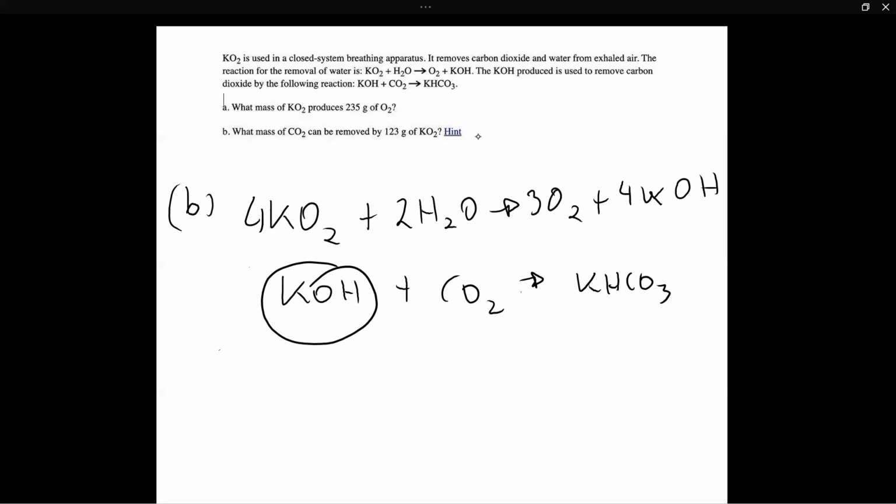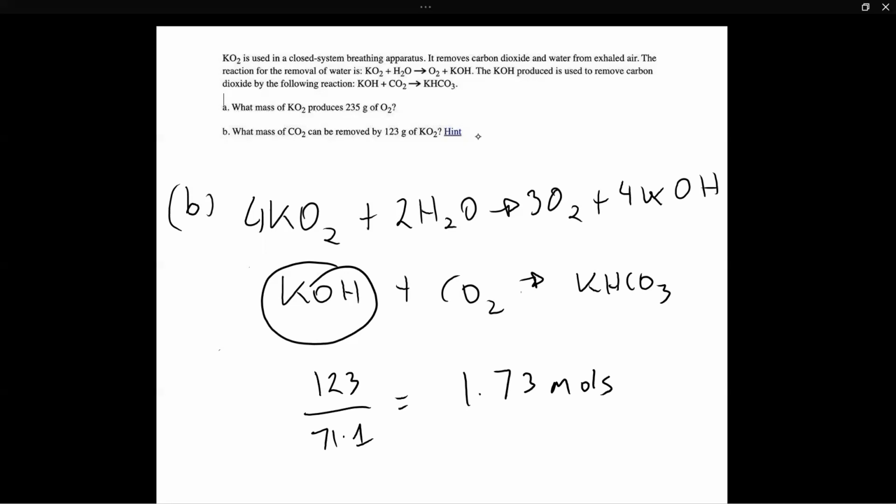So first, let's calculate how many moles of KO2 is being used. So we know that 123 grams is being used, and we divide that by the molar mass of KO2, which is 71.1. I have to do the calculation, I can't do this mentally. So that would be 123 divided by 71.1. That is 1.73 moles.